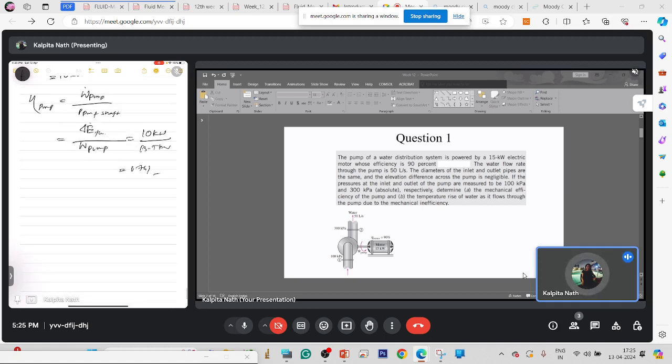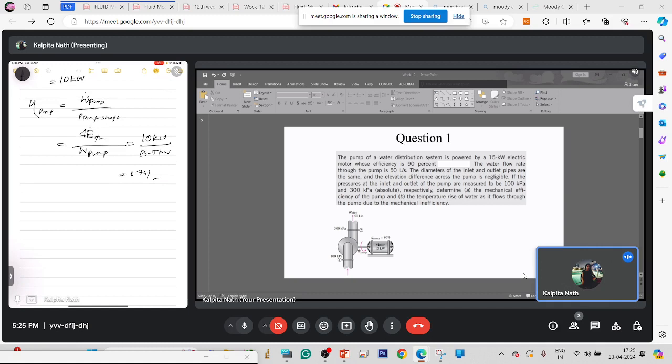Part B, what they have asked, temperature rise. So of the 13.5 kilowatt of the mechanical power that is supplied by the pump, only 10 kilowatt is imparted to the fluid, as I've already explained earlier, as mechanical energy. The remaining 3.5 is converted to thermal energy due to the frictional effects, and this lost mechanical energy is manifested as heating effect in the fluid.